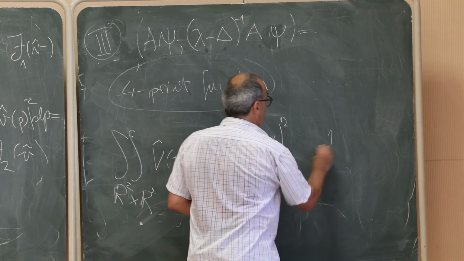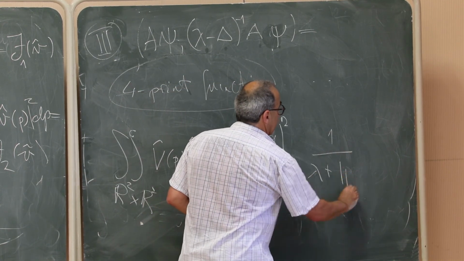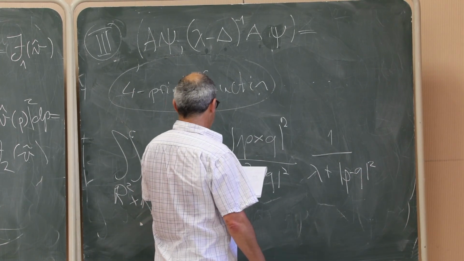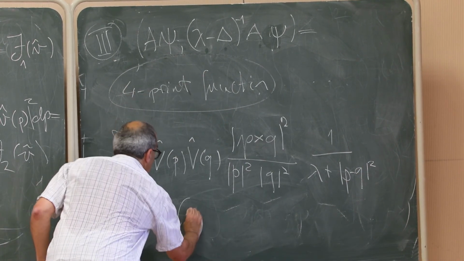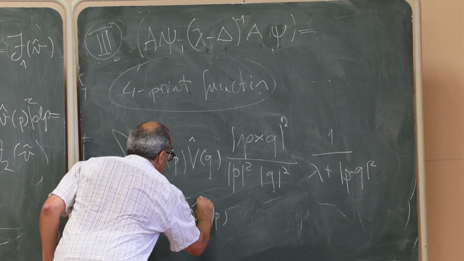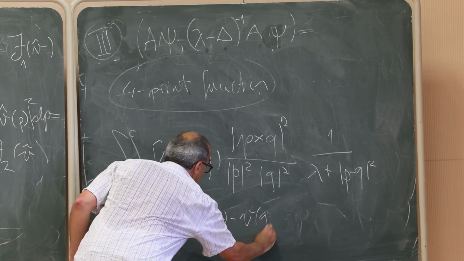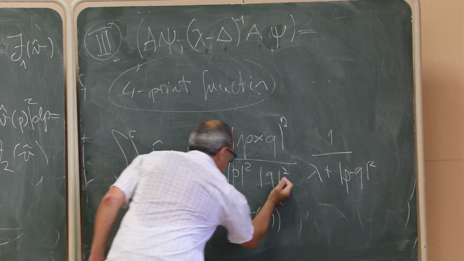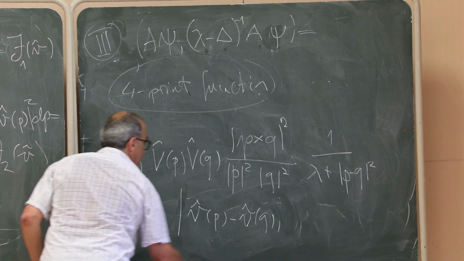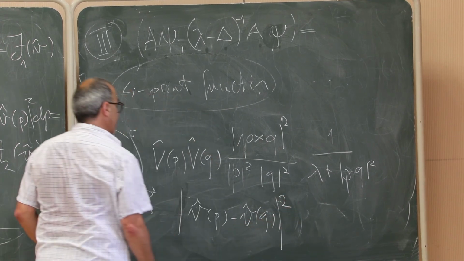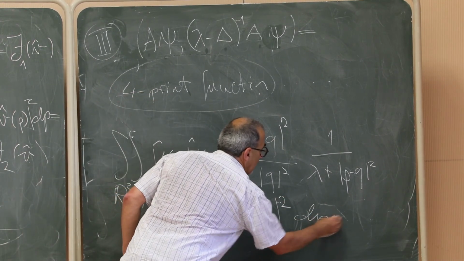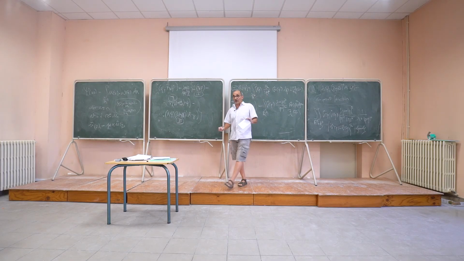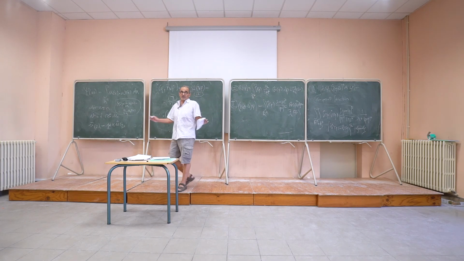You have 1 over lambda plus p minus q squared, and you have V hat p minus V hat q squared. Since the V's are real, I could say this is a square, dp dq. And this is an identity. This is a computation. I don't give details of identities because those are just computations.